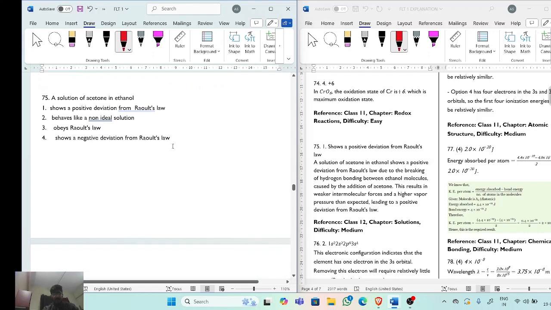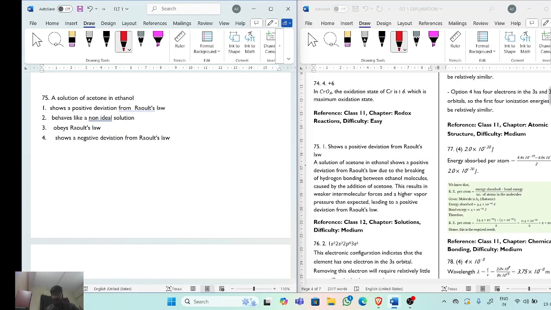Now question number 75. A solution of acetone in ethanol shows positive deviation from Raoult's law, behaves as non-ideal, obeys Raoult's law, shows a negative deviation. Okay, so which of the following is correct?